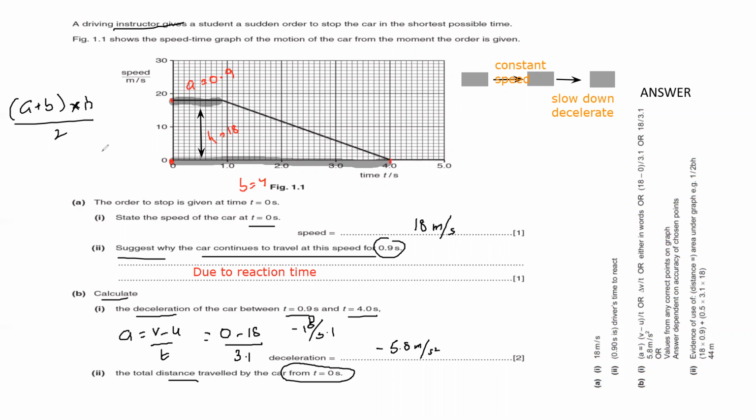So we have the formula: half the sum of the parallel sides times the height. One parallel side is 0.9 plus 4, multiplied by the height, 18, divided by 2.